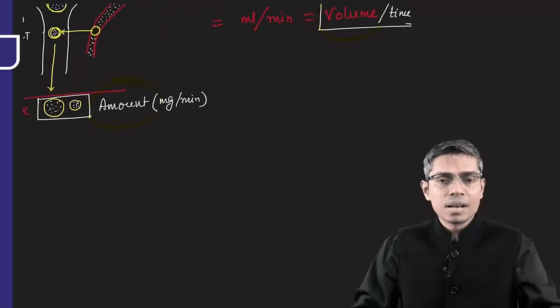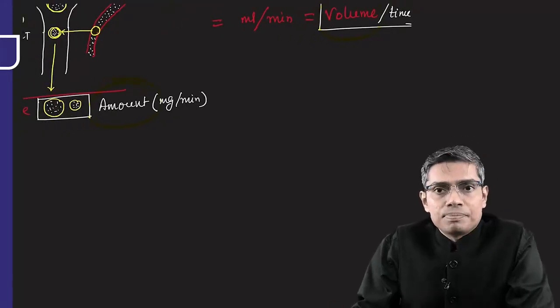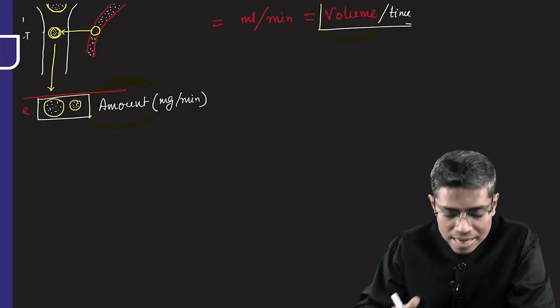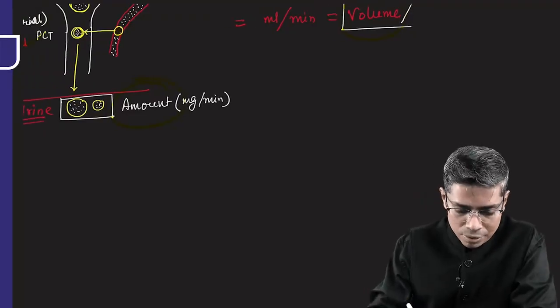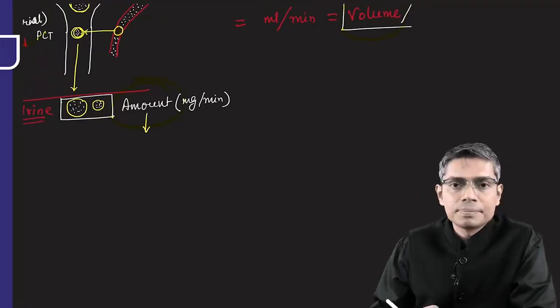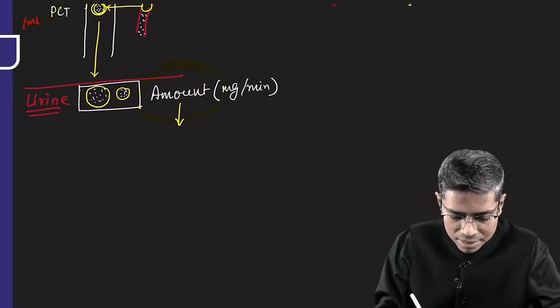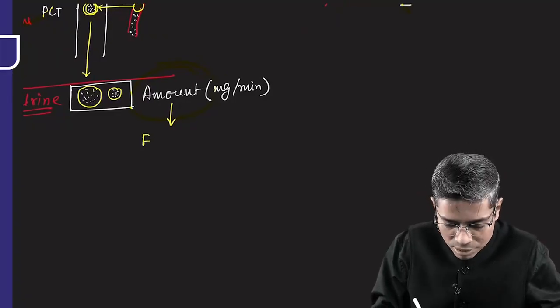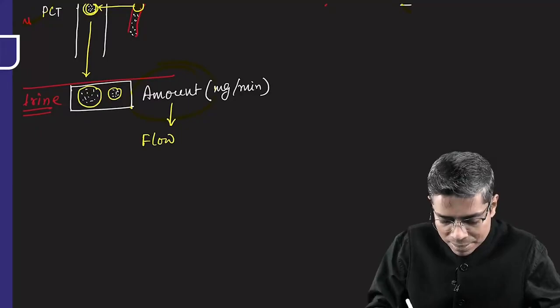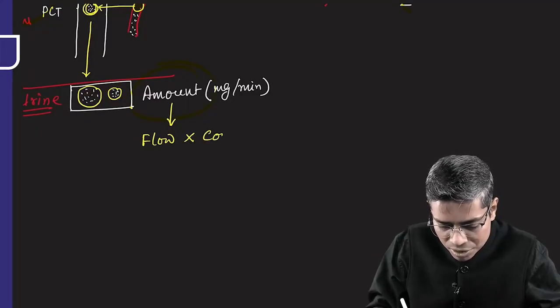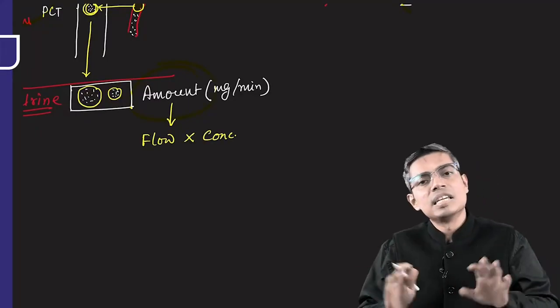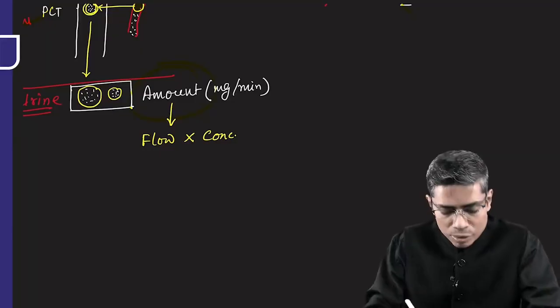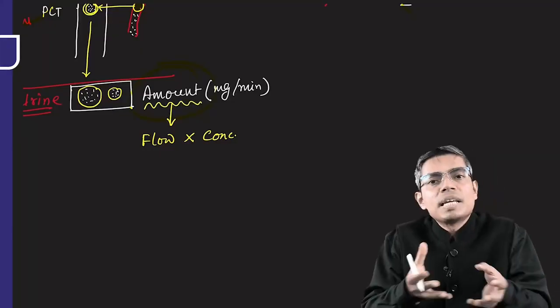Now, how to measure the urine amount? How will you measure the creatinine amount in urine? For that you require the urine volume per unit time, that is the flow of urine, multiplied by the concentration of creatinine in urine. Getting my point? I am asking you, how can you measure the amount of creatinine in your urine?